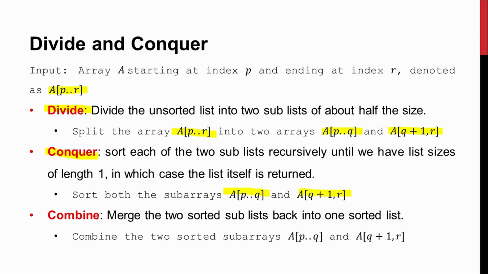If we have not yet reached the base case, we again divide these subarrays and try to sort them. In the combine step, when the conquer step reaches the base case and we get two sorted subarrays A[p..q] and A[q+1..r], we combine them to create a sorted array A[p..r].